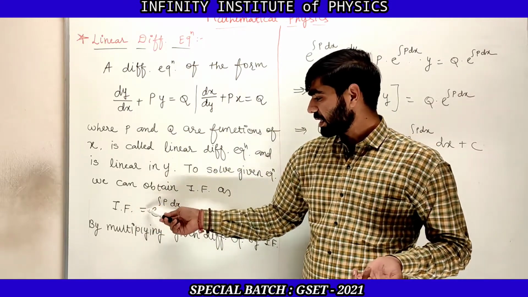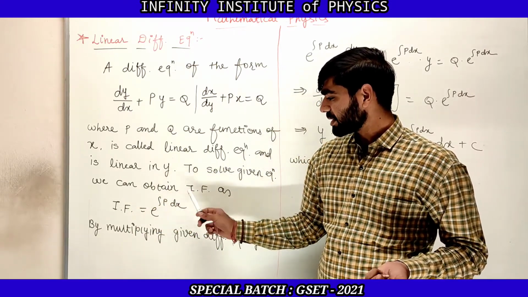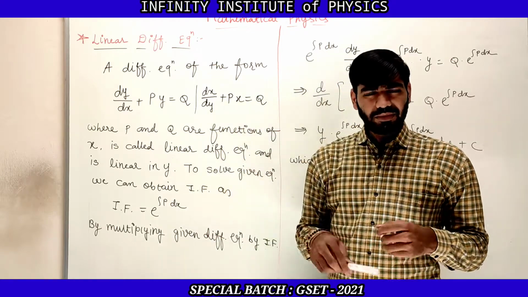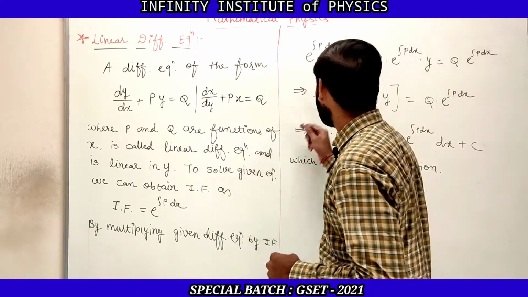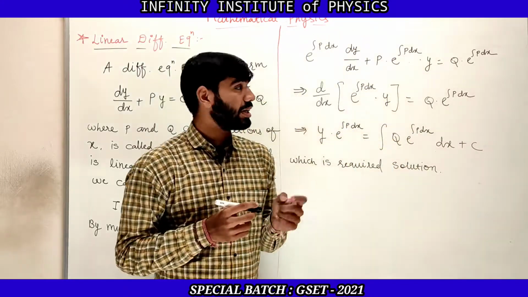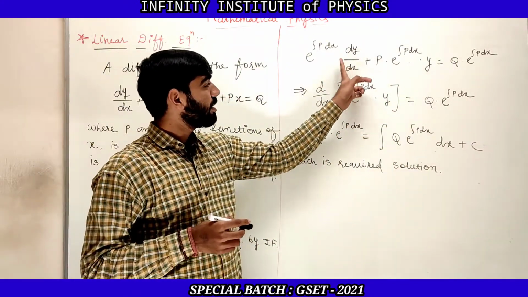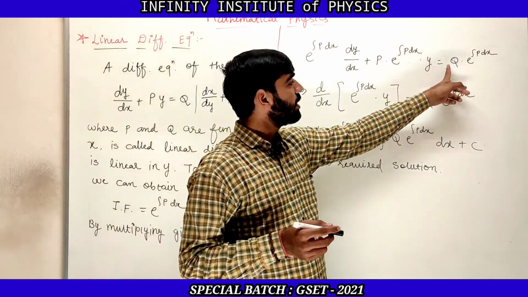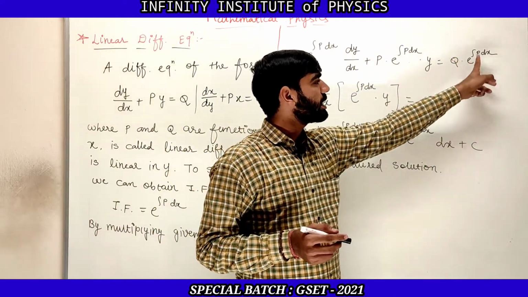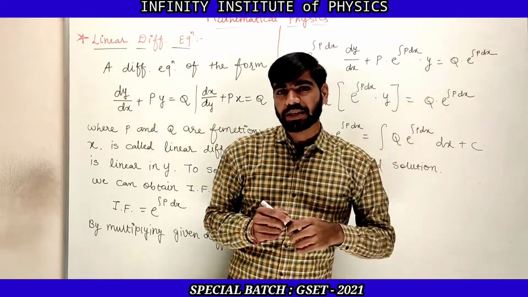So the integrating factor is e raised to the integral of P dx, and now we multiply the given differential equation by the integrating factor. We get e^(∫P dx) dy/dx + P e^(∫P dx) y = Q e^(∫P dx).